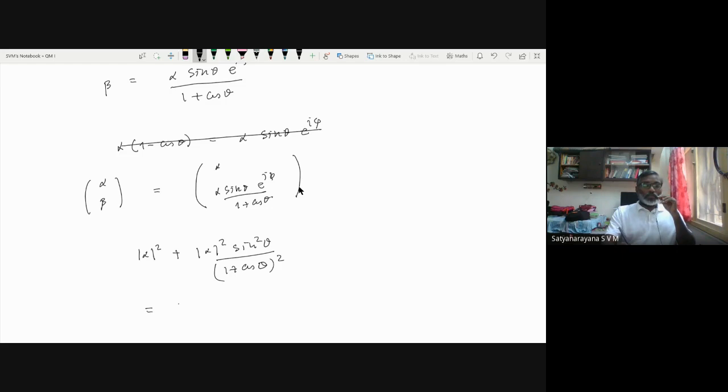That is equal to alpha times, let us write this as, 1 plus cos theta the whole square plus sin square theta, divided by 1 plus cos theta the whole square, to the power half.